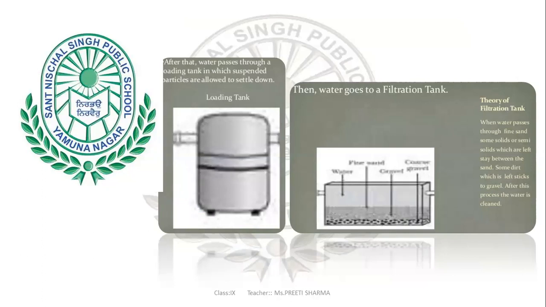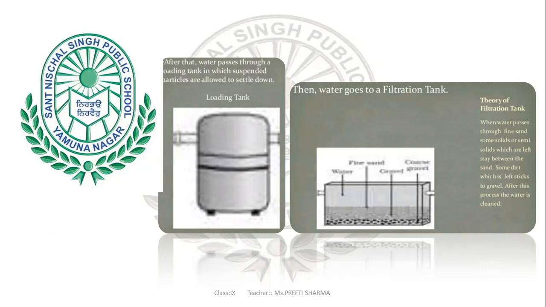For example, we add alum, as I've already told you about the fitkari, right? Why do we add that? Just to remove those suspended particles, because when this substance is added, the negatively charged particles get neutralized by the positively charged ions present in the alum. And what happens? A colloidal solution is formed, right? And they will settle down at the bottom, right, students?